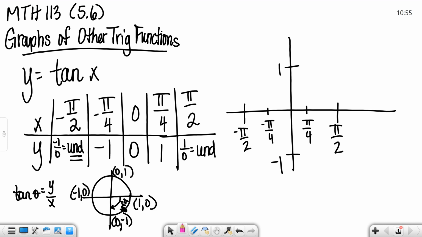Okay, at -pi/2, I told you there was an asymptote. Okay, a vertical asymptote. Okay, so it doesn't ever actually touch that value. At -pi/4, it's at -1. All right, at 0, 0. And then at pi/4, +1, and then we have another asymptote at +pi/2.